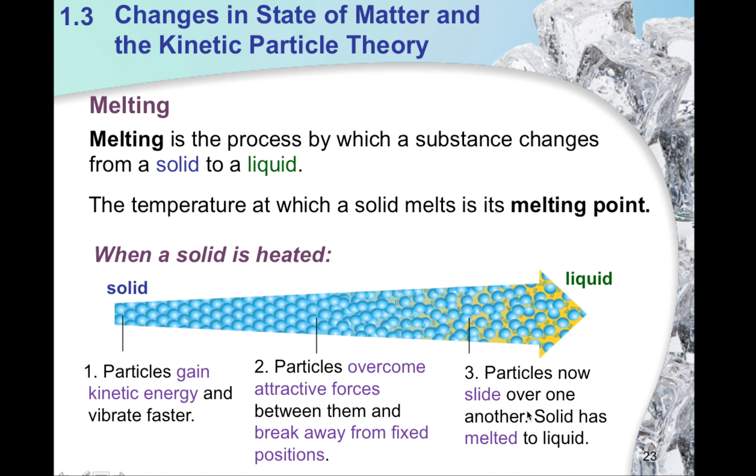So when it gives a question like this, you are required to say what the initial arrangement in the solid state is, and after heating, what the subsequent arrangement in the liquid state is. Similarly, the movement changes from vibrating about fixed positions in the solid state to sliding over one another in the liquid state.